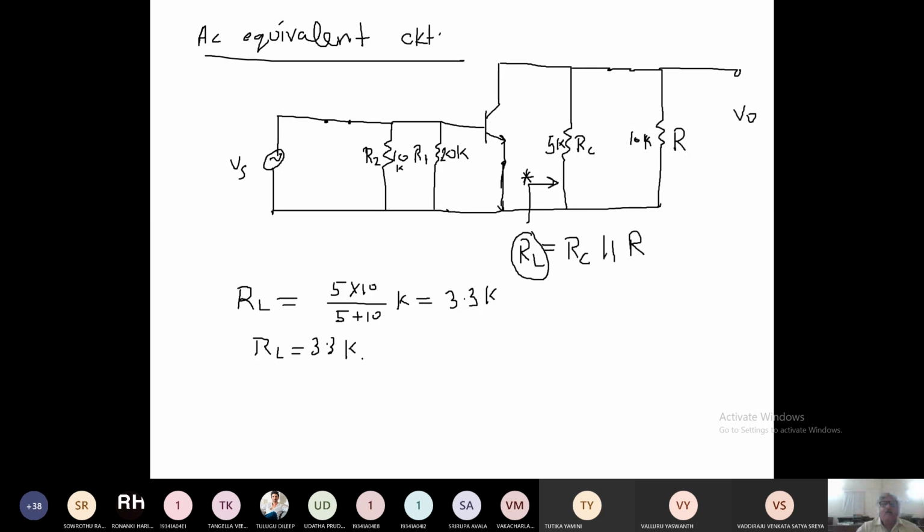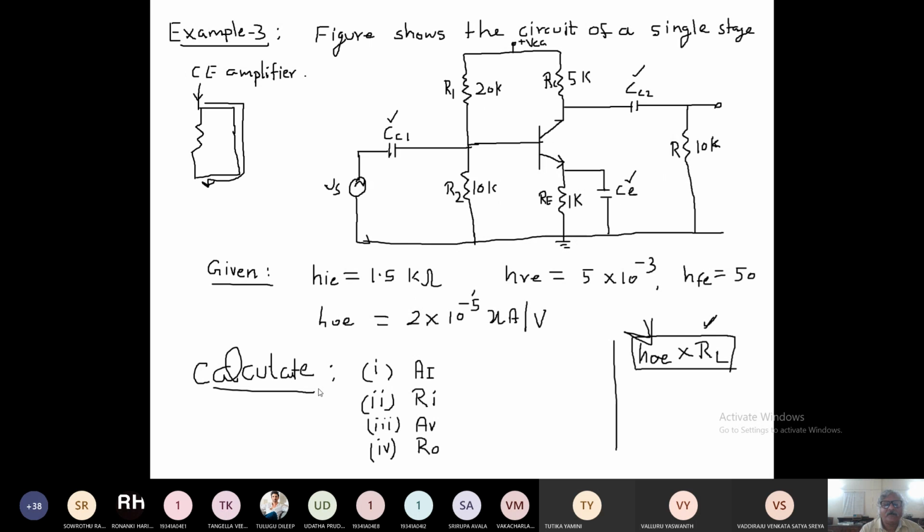Now first we will see whether we shall go for approximate analysis or exact analysis. For this we find out HOE into RL. Did somebody solve this problem? Last time I said you have to solve this problem, whether it will be exact or approximate analysis.